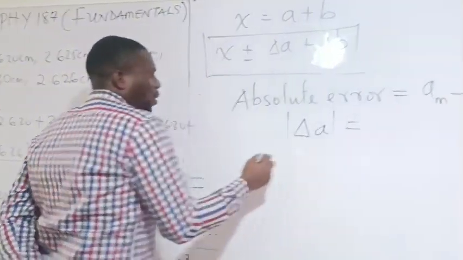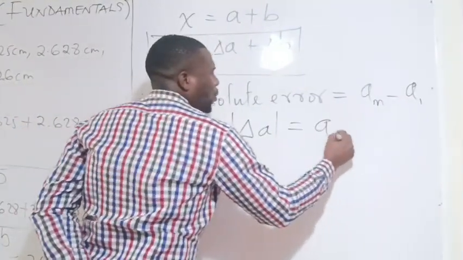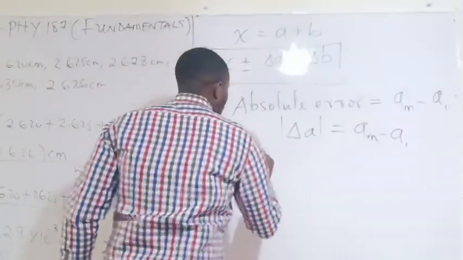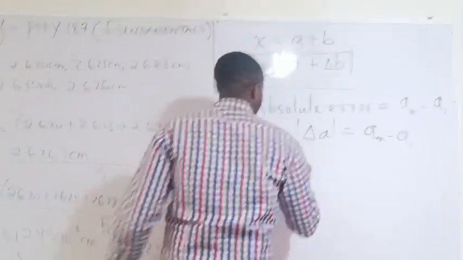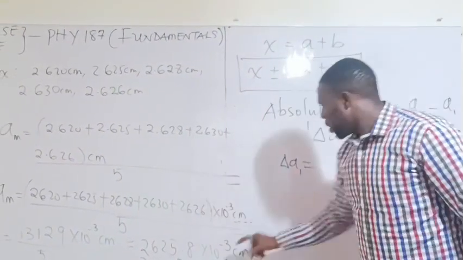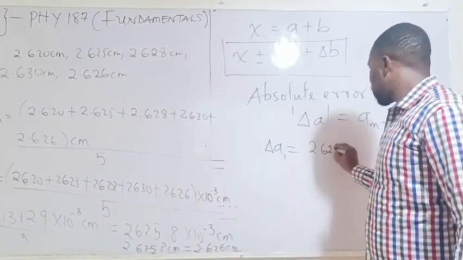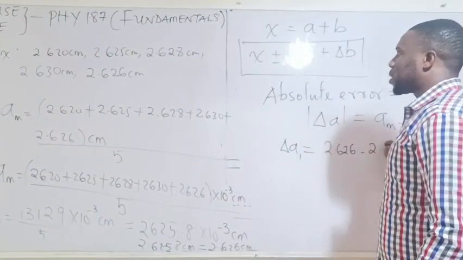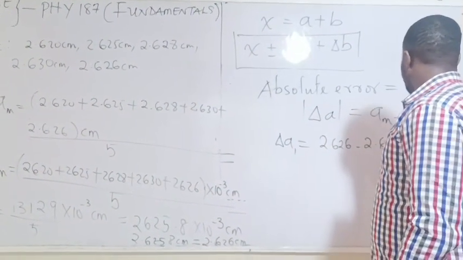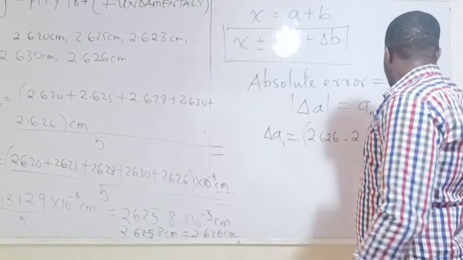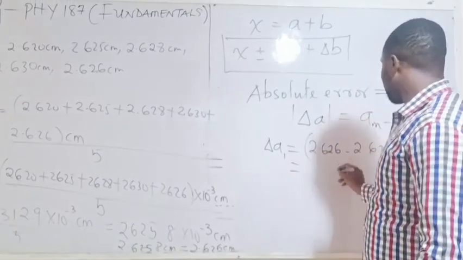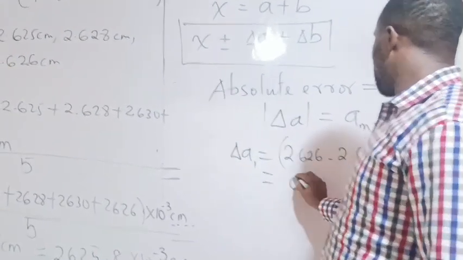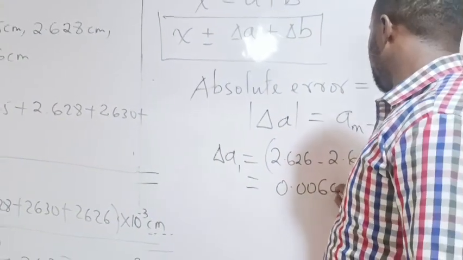To start off, I would take the absolute error of each of these values. The absolute error in the first value would be the mean, that's 2.626, minus the first value, that's 2.620, all in centimeter. This boils down to 26 minus 20, that's 6, so this is 0.006 centimeter.